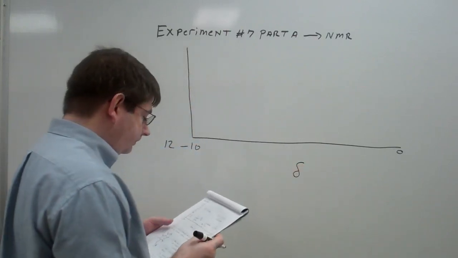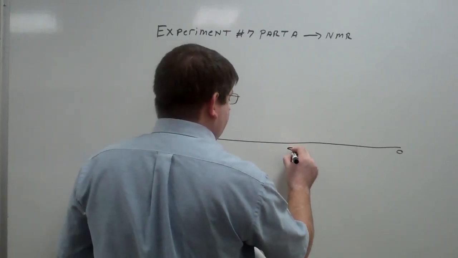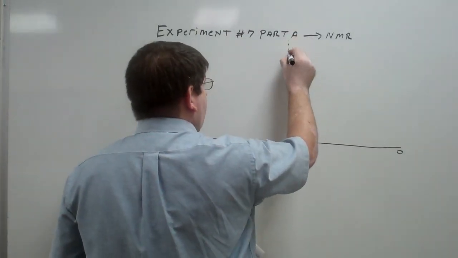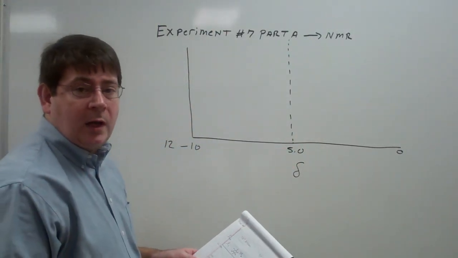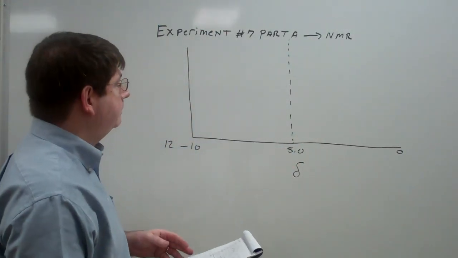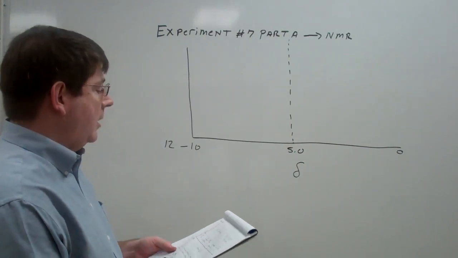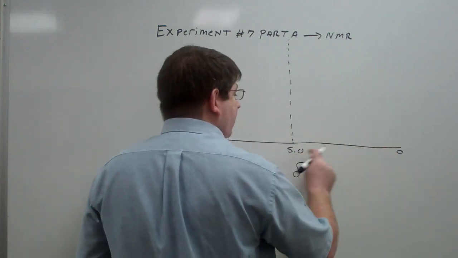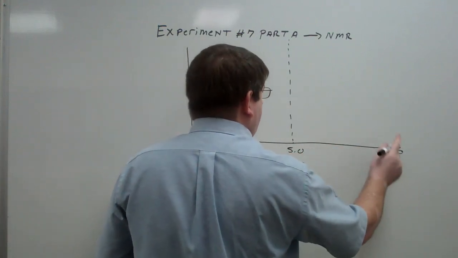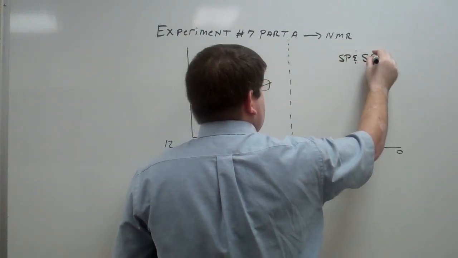Okay? And really all you have to do is look at the spectrum and find 5 and draw an imaginary line. And that breaks it up into regions, just like we broke up the IR spectrum into several regions. We can break the NMR spectrum up into several regions as well. If you're upfield of 5, so between 5 and 0, this is going to be the sp and sp3 region.